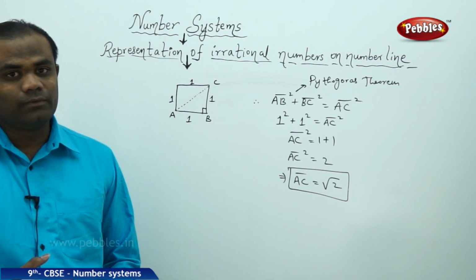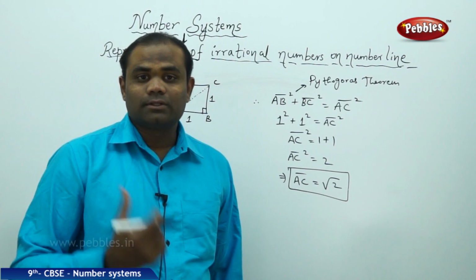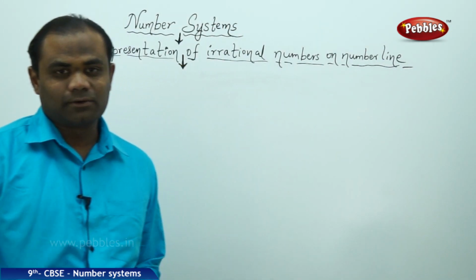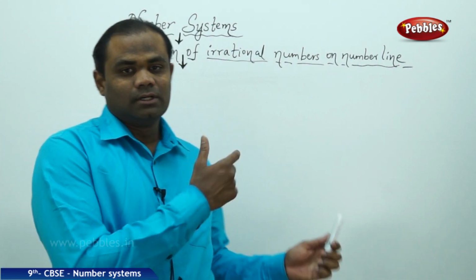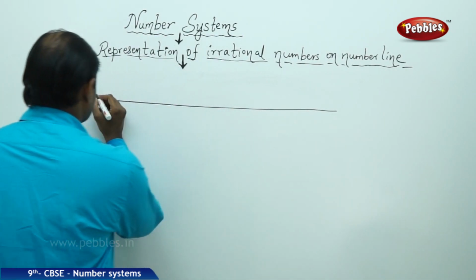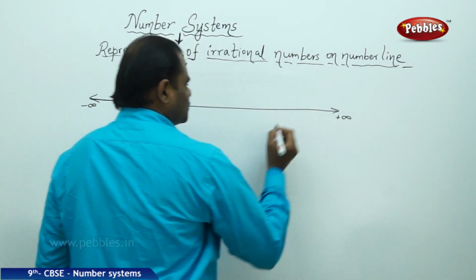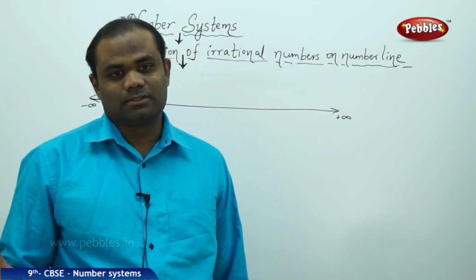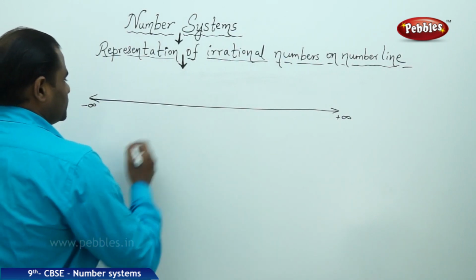So let's see how we can take this further into geometrically constructing root 2 on the number line. Let me take the number line. Here is the real number line, which extends from minus infinity to plus infinity, with all the points on this line being the real numbers of the number system.